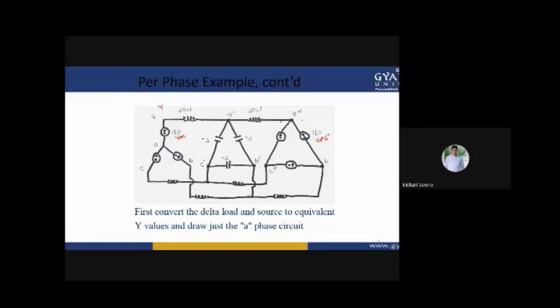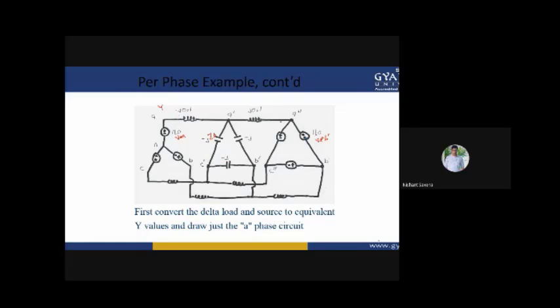The Z delta is given as minus J per phase. I told you this is a per phase impedance. So the same impedance has been connected to all of the phases.